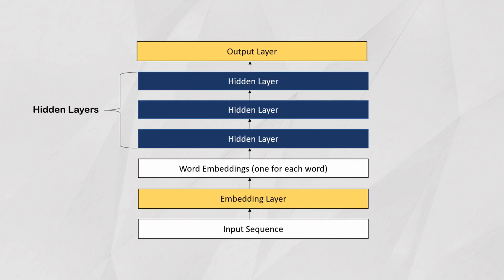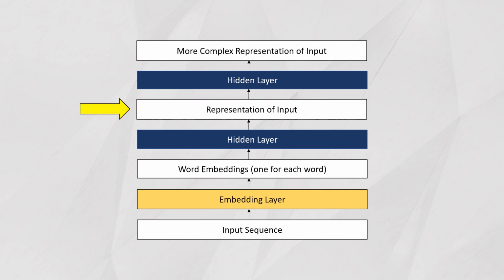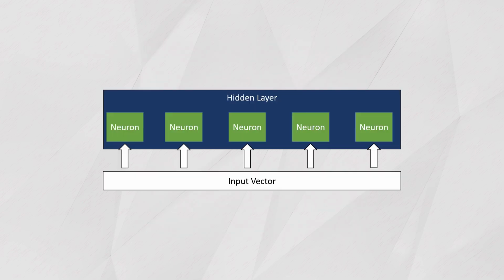Typically, a language model will have many hidden layers. Given the output from the previous layer, the next hidden layer will further encode its meaning, resulting in a more complex representation. Each one of these hidden layers is composed of many individual units referred to as neurons.